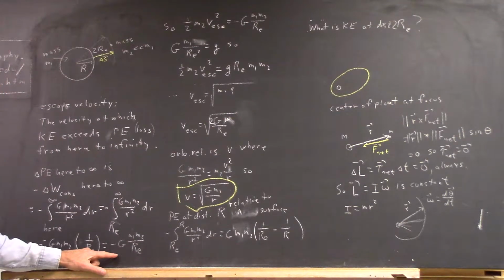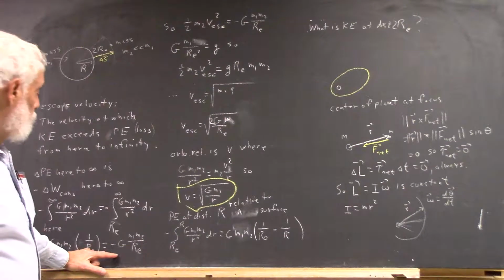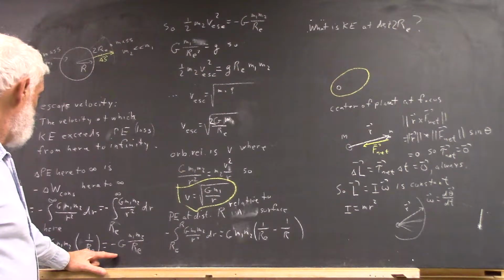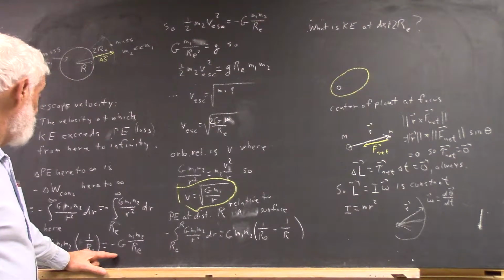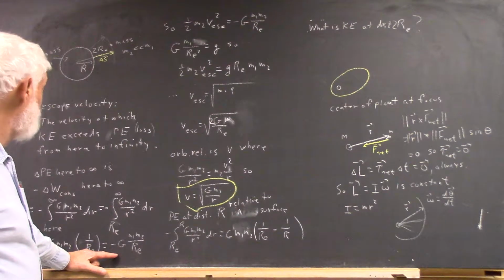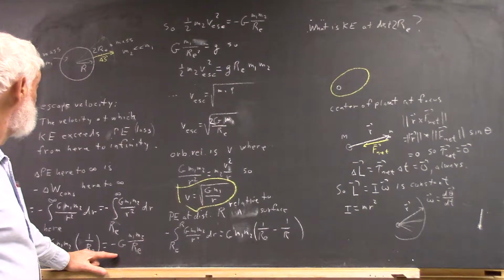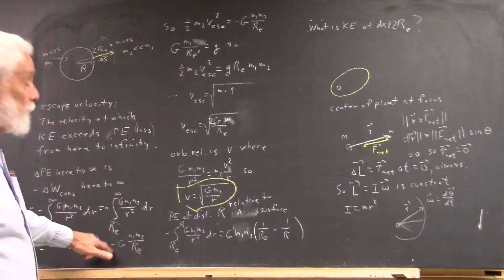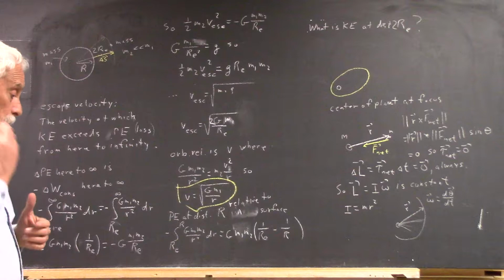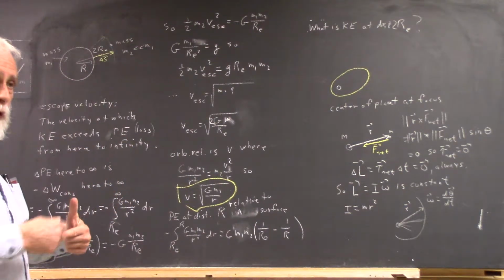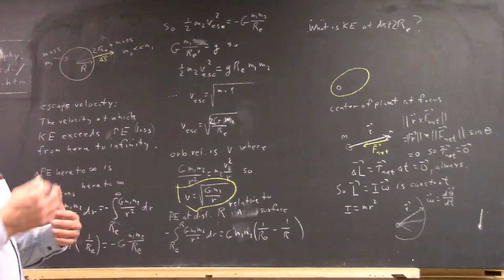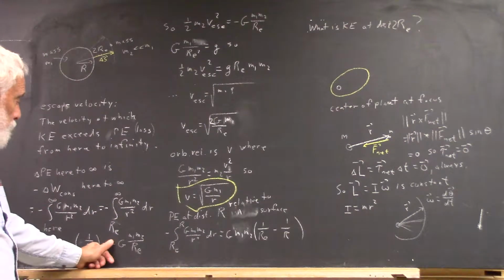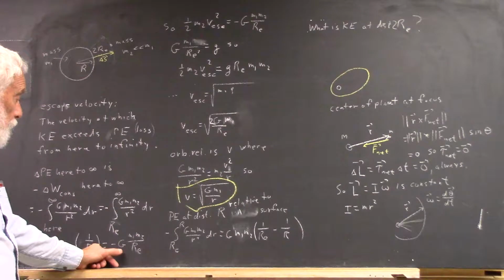So right there is our potential energy relative to infinity, okay? That's the potential energy here relative to infinity. Meaning that to get from here to infinity, we have to lose potential energy of big G m1 m2 over r squared.